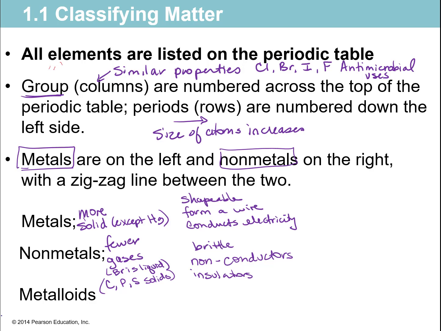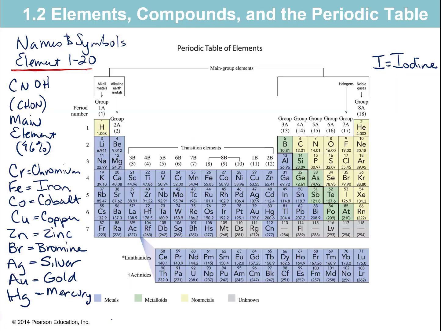Now there are a couple of them. And you see the green. So boron, silicon, germanium, arsenic, antimony, tellurium, polonium. These are what they call metalloids. Metalloids are a little bit like a metal, a little bit like a nonmetal. They tend to be solid like metals are, but they're not as conductive as metals are. So they're kind of both, and that's where that name came from.